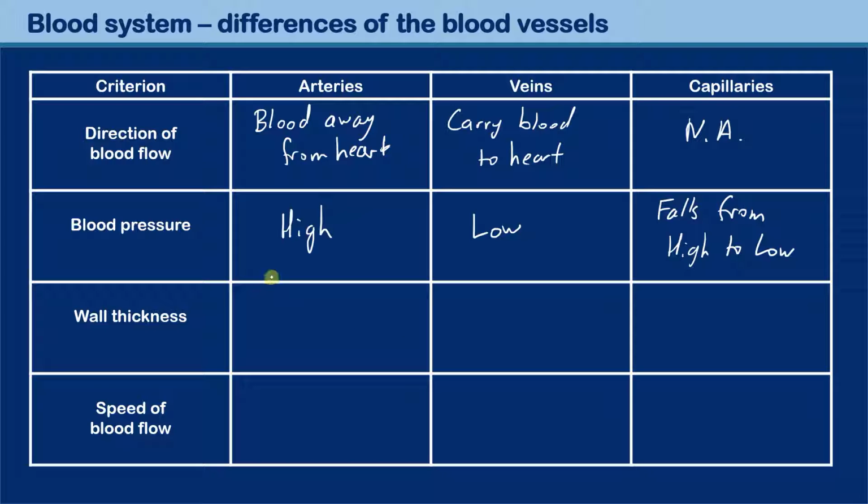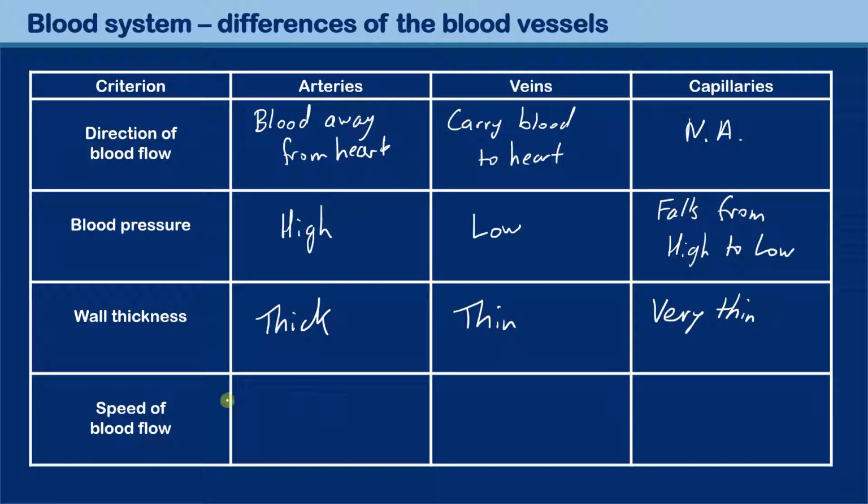The wall thickness compared to the lumen in arteries is thick. In veins it's thin, and in capillaries it's really thin. It's only one cell layer thick, very thin. And this is important to allow for diffusion to take place.